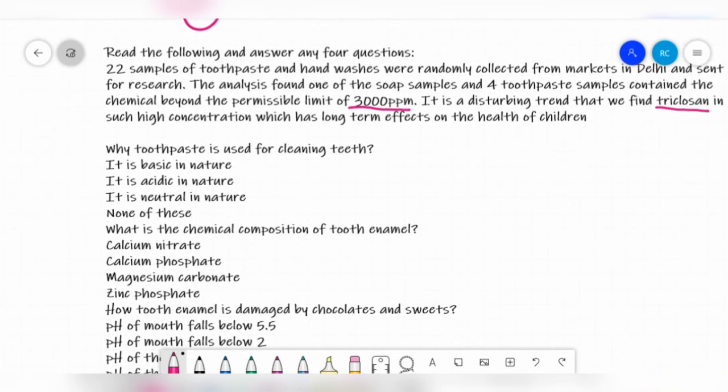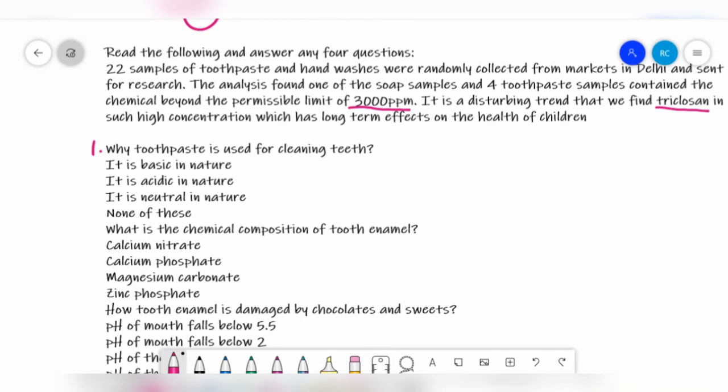Why is toothpaste used for cleaning teeth? It's basic in nature, acidic in nature, neutral in nature, or none of these. Okay, so what is the first question's answer? Why is toothpaste used for cleaning teeth? Because we are eating a lot of food from morning till night.